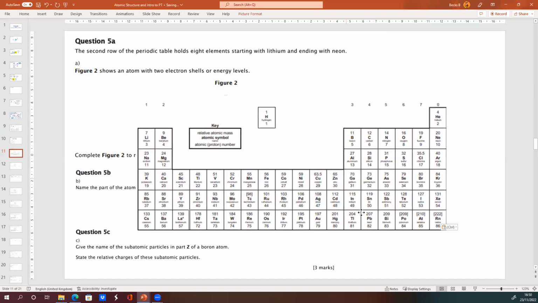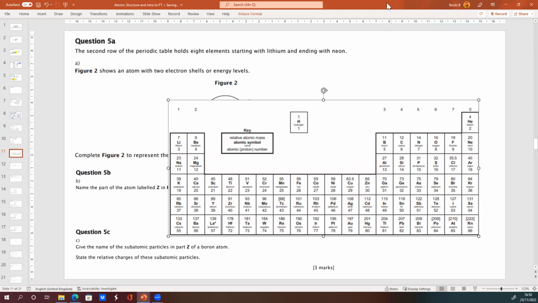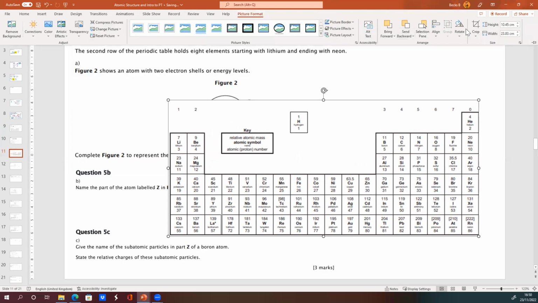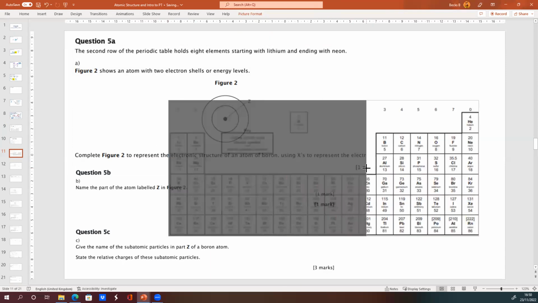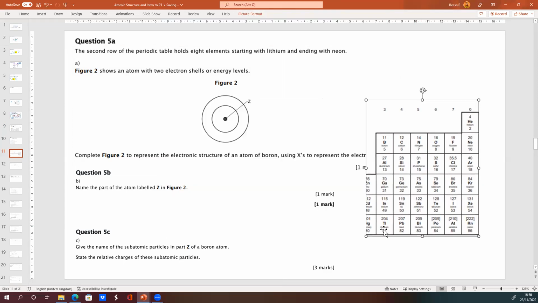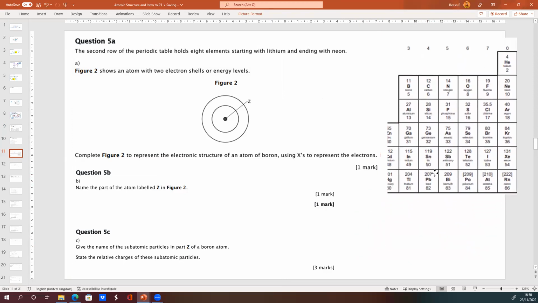So you need to represent boron. So boron is over here. I chop this periodic table down for you, because we only need that section. Okay, that you should be able to see.